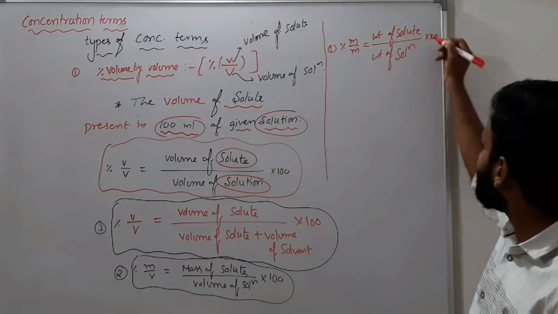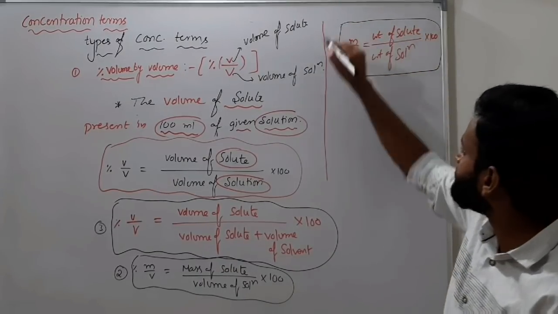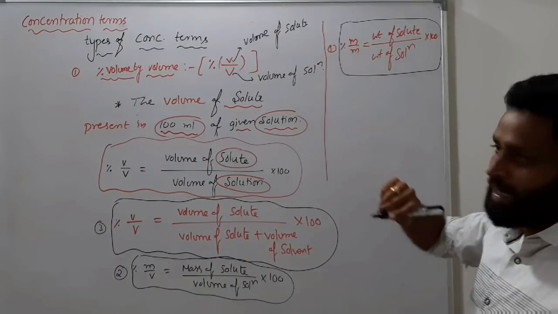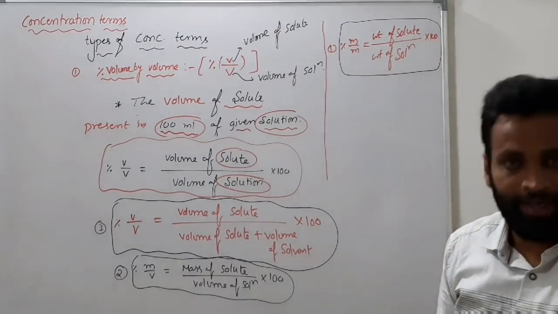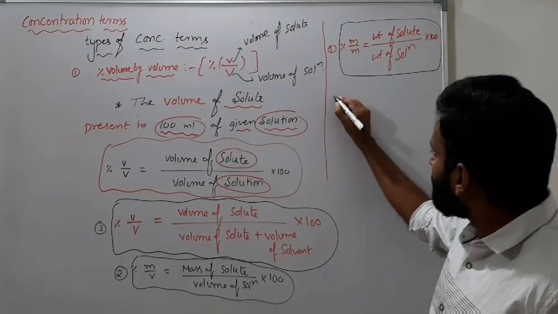So you have all three formulas. We discussed all three. Percentage M by M means weight of solute by weight of solution into 100. That's all.